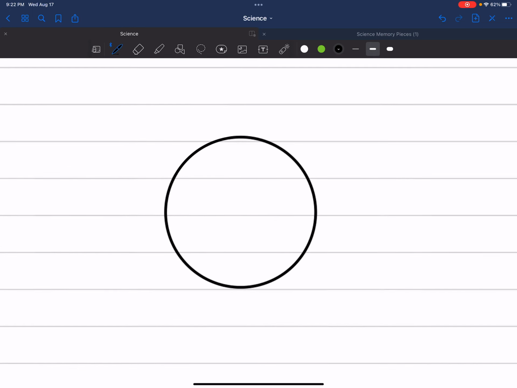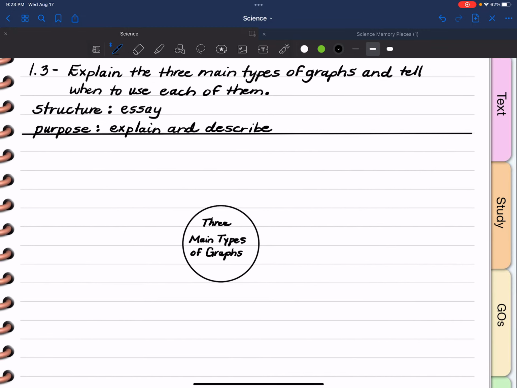So the main idea here will be the three main types of graphs. Now, if we were in a classroom, I would ask you to tell me what those are. We're going to draw some lines off of, you could even call this a spider map. It looks like a spider.